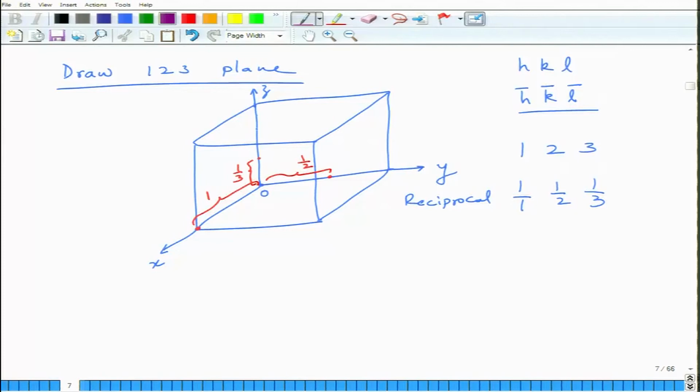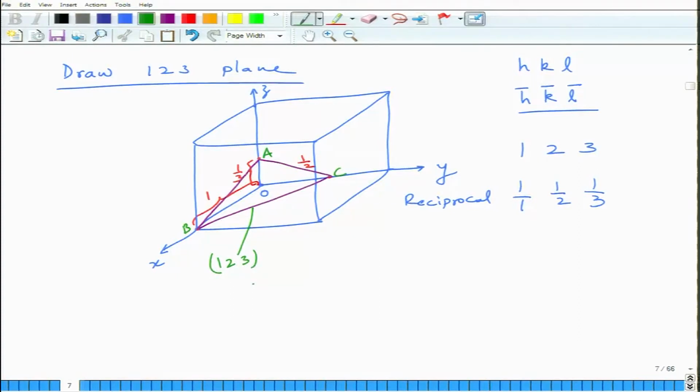So, if I now connect these 3 points, let me just complete this, this is half. So, this is the plane, let us say I define as A, B, C, this is the plane which is called the 1 2 3 plane.